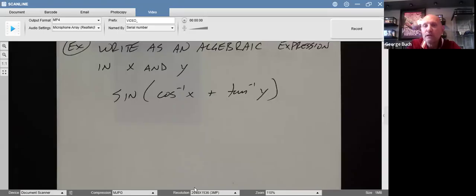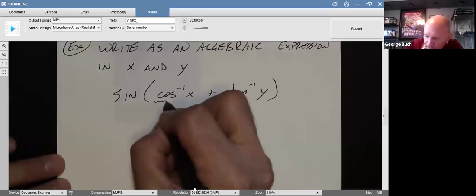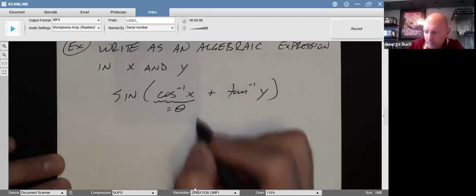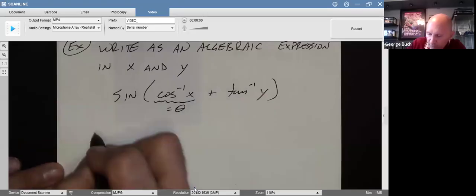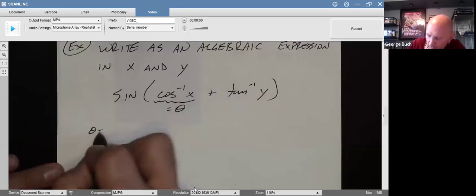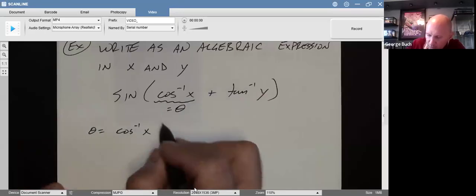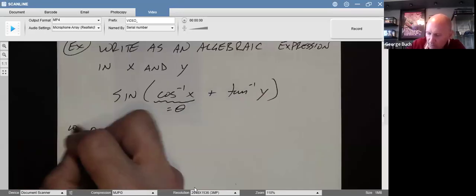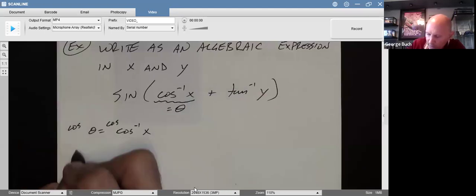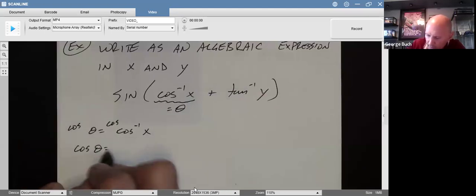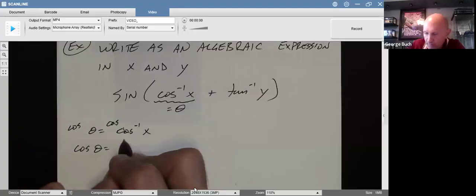We rewrote the original without the inverse function, and then we solved what was being asked. So I'm going to do the same steps. First of all, I'm going to set this guy equal to theta. So I have theta is equal to cosine inverse of X. Take cosine of both sides, just like we did before. So I have cosine of theta is, these cancel out, X, or X over 1.